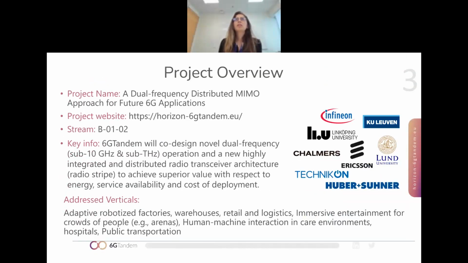So as I mentioned, we are a group of 9 partners: KU11, Infineon, Linköping. I'm from Ericsson. We have Lund, Chalmers, Technikon, and Huber & Suhner. The project name is the dual band frequency distributed MIMO approach for future 6G applications.